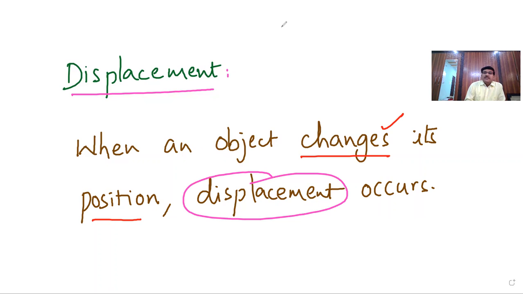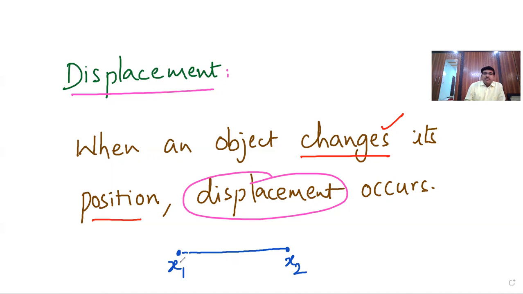Observe, let us say an object is at this point at x1 position. This is the initial point, let us say. And slowly the object is moving towards another point, let us say x2 position. This is the final position. Clear?